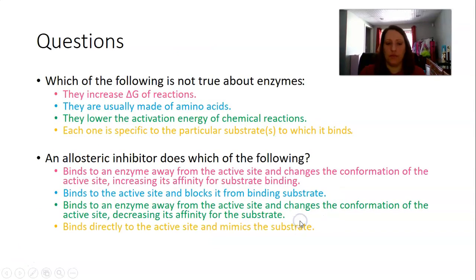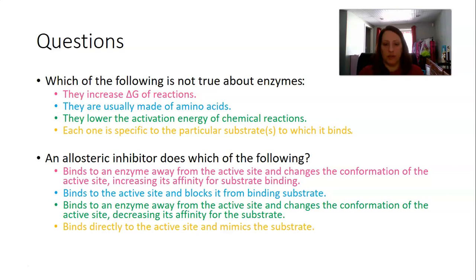Okay, so first question. Which of the following is not true about enzymes? Pink, do enzymes increase the change in free energy of a reaction? Blue, are enzymes usually made of amino acids? Green, do enzymes lower the activation energy of chemical reactions?